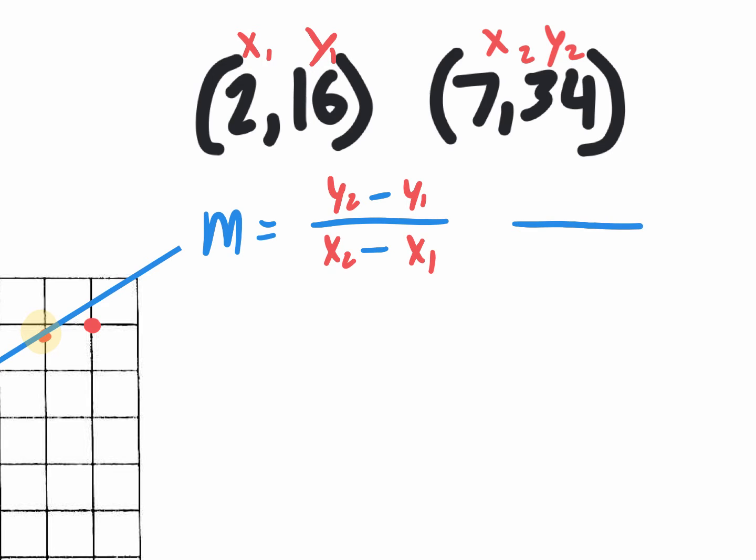And whenever you use the slope formula, I recommend you use blank spots. It'll help you from making mistakes. And 7 take away 2. Okay. So what is 34 take away 16? I believe that is 18, right? So we have 18 up on top over 7 take away 2, which is 5 on the bottom.